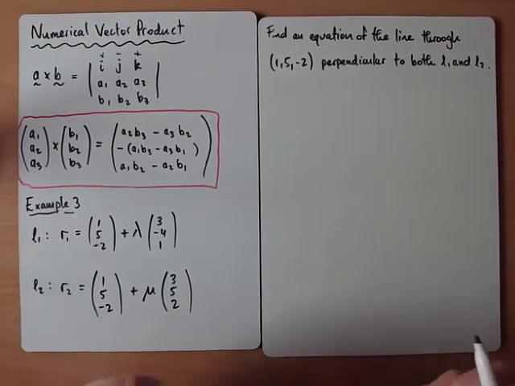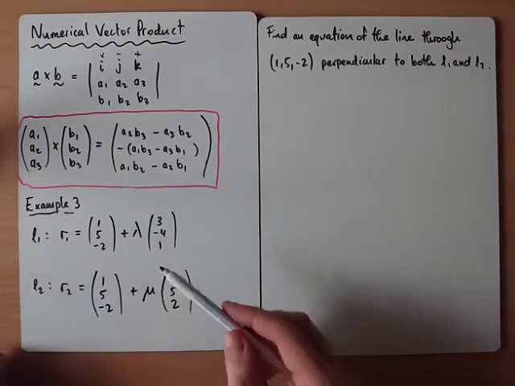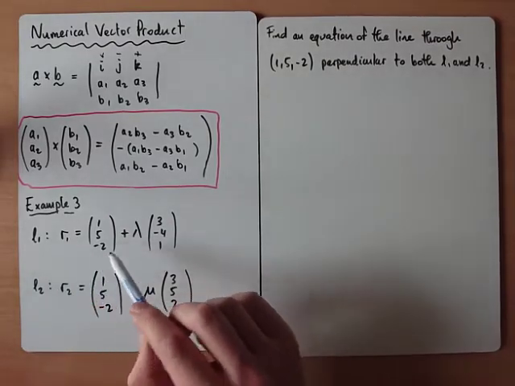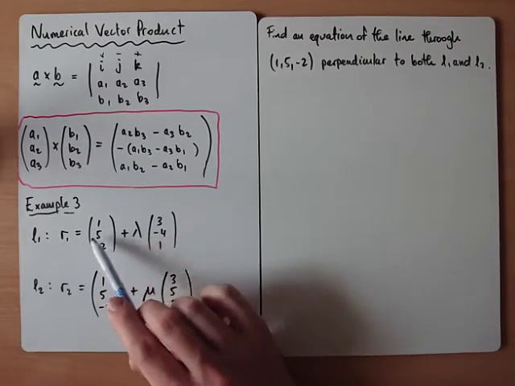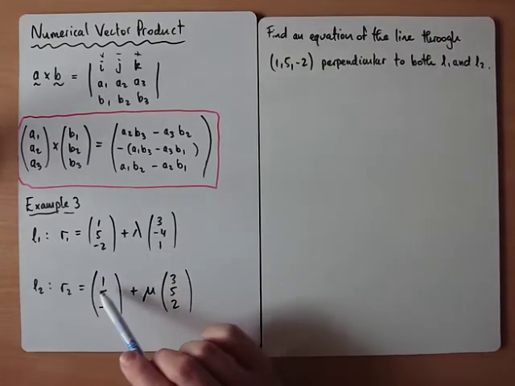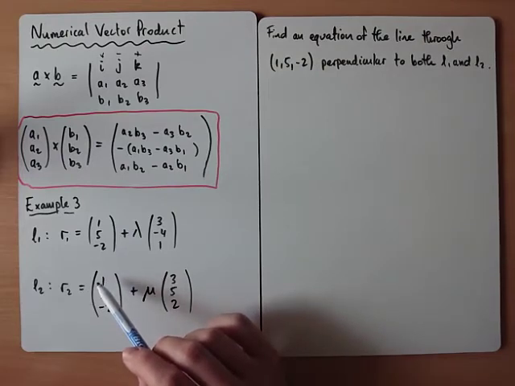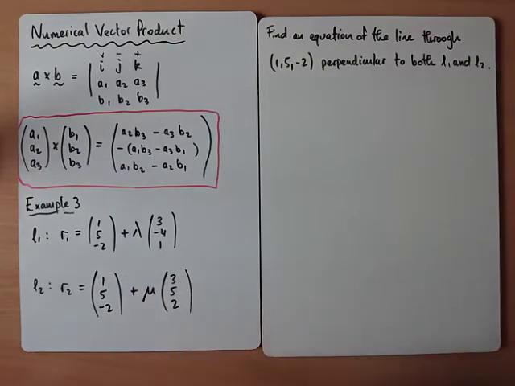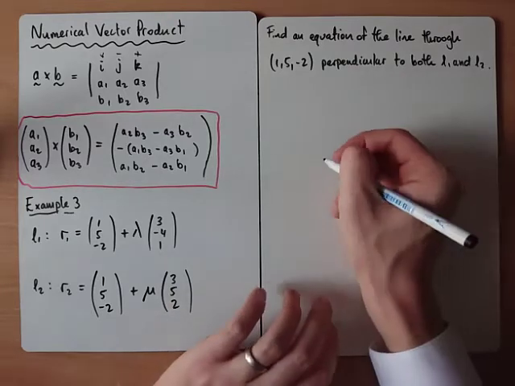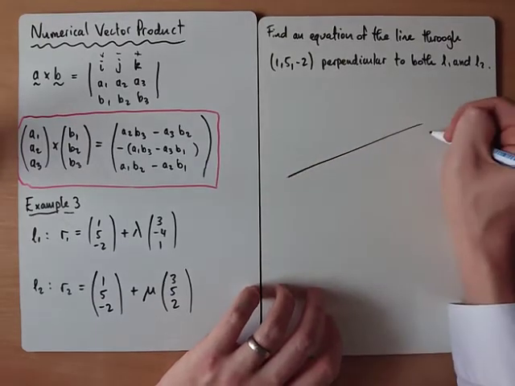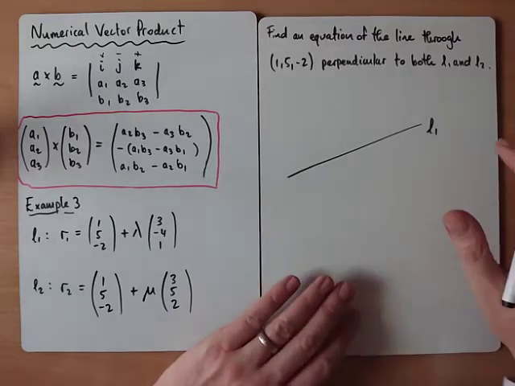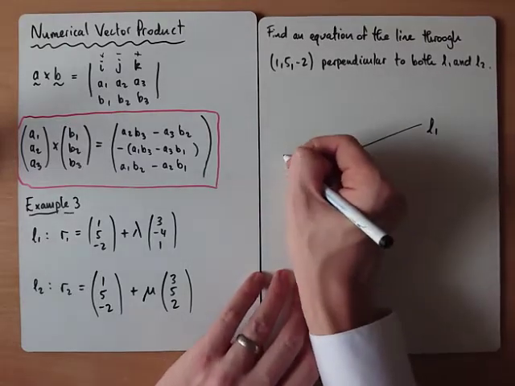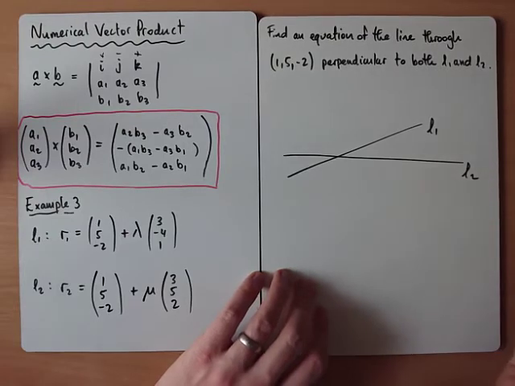Okay, example 3. We're given two vector equations of a line. Okay, so if you remember, you haven't seen this for a while, but if we've got it written in this form, one part tells me a point on the line, and this is the direction of the line. Now what's going on here, if we try and visualize this, we've got L1, which would be maybe a line that looks like, doesn't really matter which orientation I draw it in, let's say we've got a line L1 there, we've got a line L2 there.